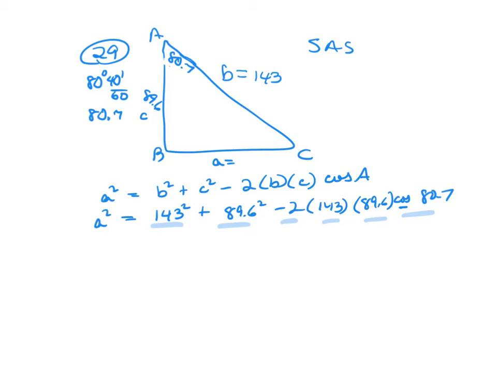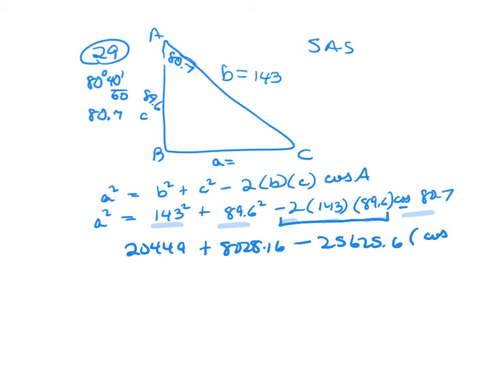If you want to write it all down, 143 squared gives me 20449. 89.6 squared gives me 8028.16. Then minus, and I multiply these three: 2 times 143 times 89.6, which gives 25625.6, and I multiply that by cosine of 80.7.